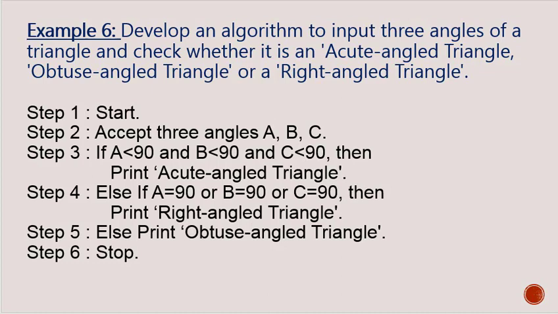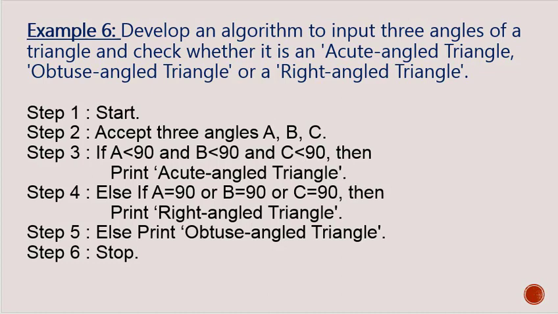Step 3, we have a condition: if the value of A is less than 90 degrees, as well as the values of B and C both less than 90 degrees, then we can say that the triangle is an acute angle triangle.